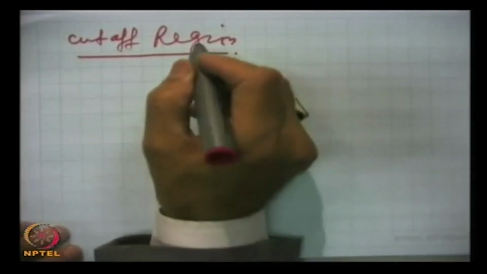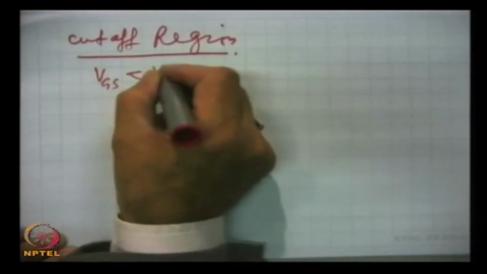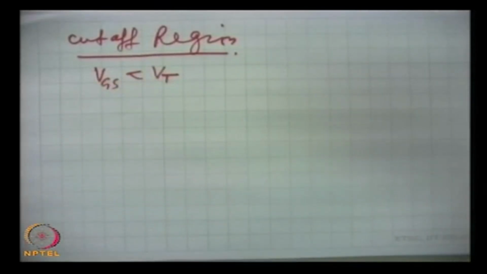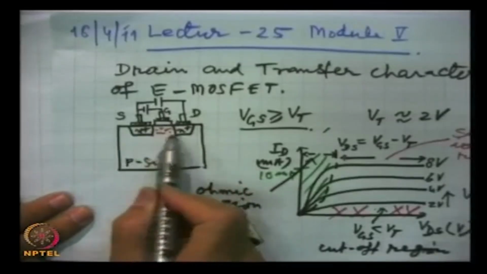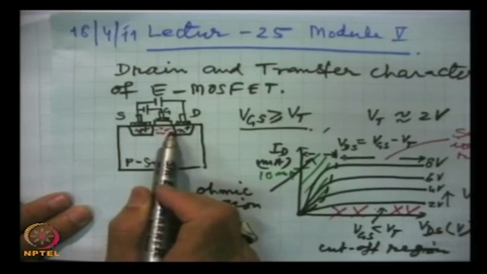In the cutoff region, VGS is less than VT. That is, the channel is not formed, the voltage is insufficient to form the channel.